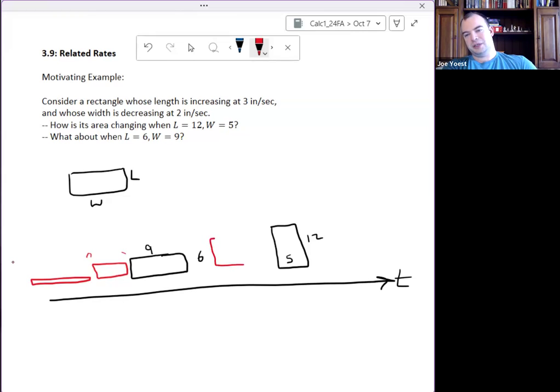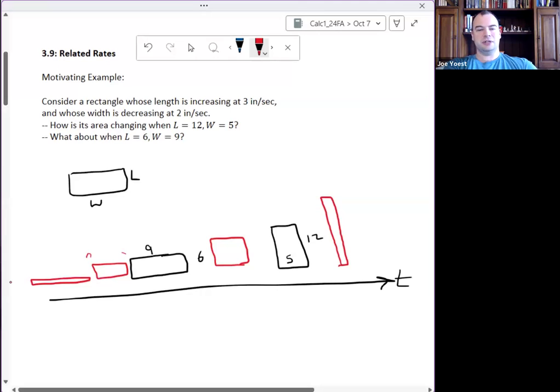Maybe here it would look almost like a square, a little less wide, even taller. And then over here, it's quite tall and really skinny. So as time evolves, we go from this wide and flat rectangle, and it gets taller and skinnier as time progresses.